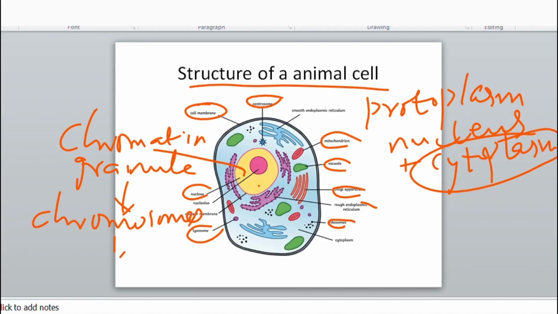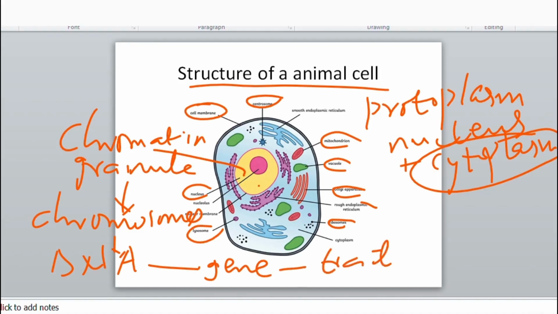You know that the chromosomes give rise to DNA, and the DNA gives rise to genes, while genes give rise to what? Traits. So the genetic material of the cell is found in the nucleus. You can see that the nucleus is covered by what? Membrane.